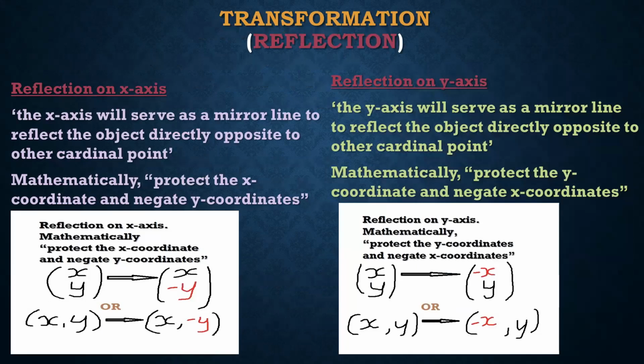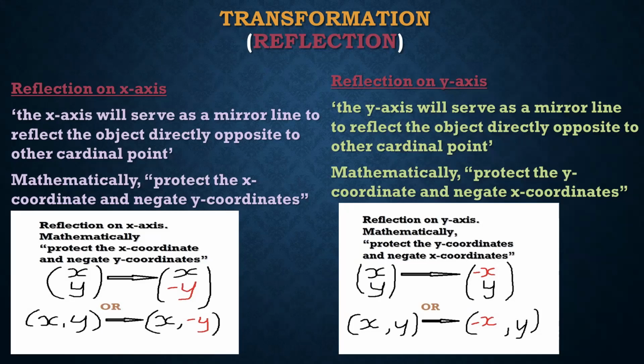Now we are going to talk about transformation. Transformation means change, when objects change from one cardinal point to the other. And before this change can occur, we have certain components responsible for that.